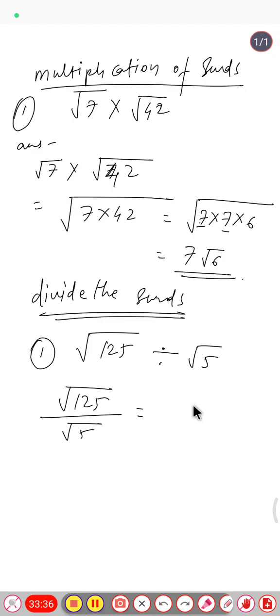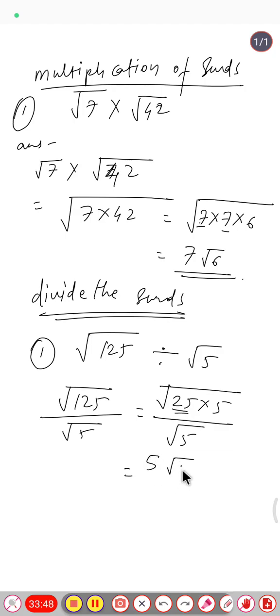So we can write it as root of 25 into 5 upon root 5. Again the square root of 25 is 5 outside, and the remaining is root 5. Now this term will be cancelled, and the remaining one is 5. So we can say that 5 is a rational number.